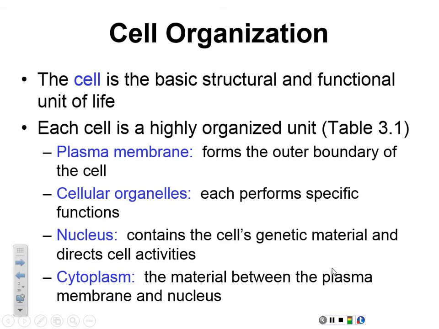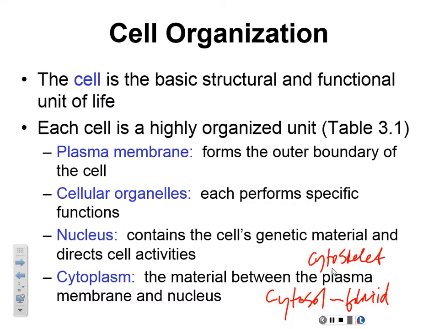So those are the 2 main components of the cytoplasm: the cytosol, which is the fluid, and then the cytoskeleton. Otherwise, if you had nothing to hold those organelles in place, they would all settle, and it would be just everything squished like that. So the cytoplasm is important in that, and it's an aqueous environment.